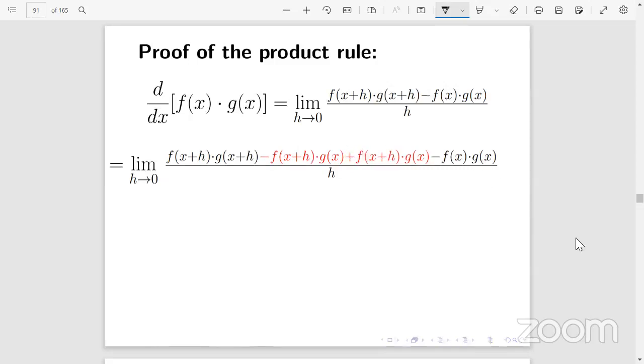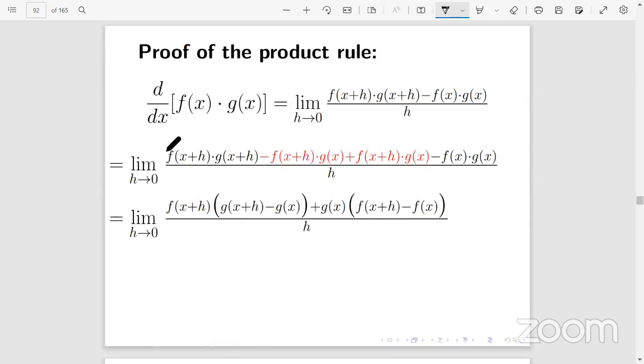And the reason why we're doing that is because if you look at the first two terms, there's f of x plus h in both, of which we can factor it out. We'll be left with g of x plus h minus g of x. And if we look at the last two terms, we have g of x, which is common.